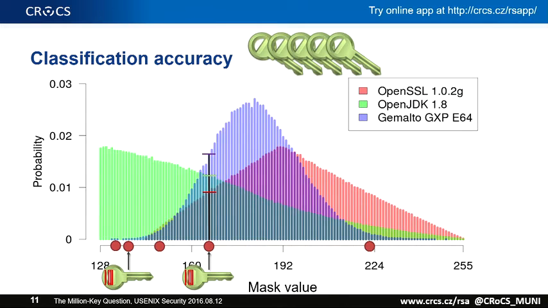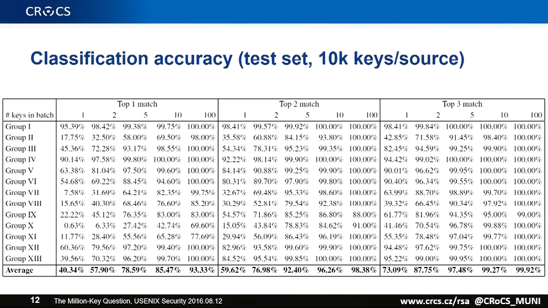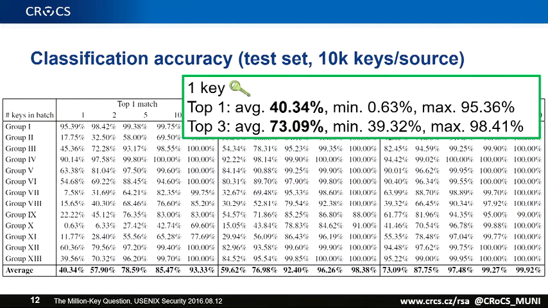So what are the actual results for the accuracy? To figure out, we set aside 10,000 keys for every source from the learning set. So set aside, so it's fresh keys, and then evaluated the accuracy on that. So if you have just one key, then your most probable guess after the classification is on average correct with 40% probability.